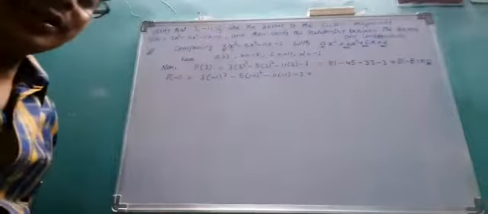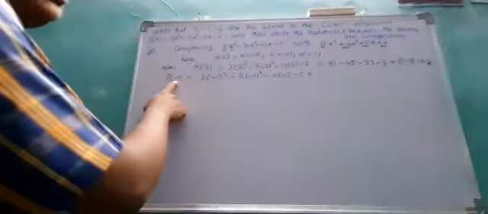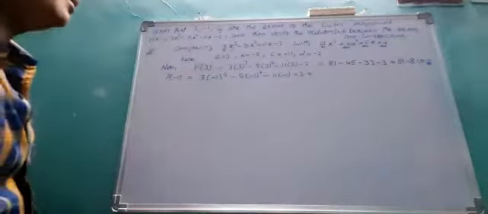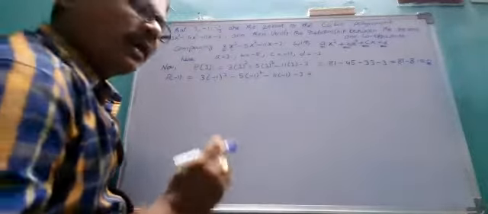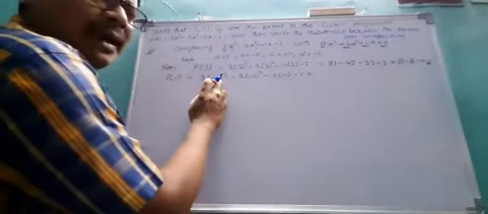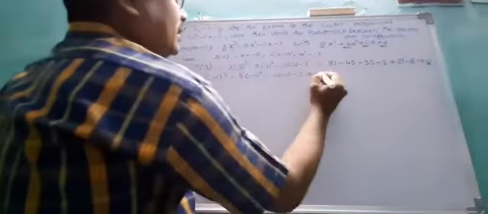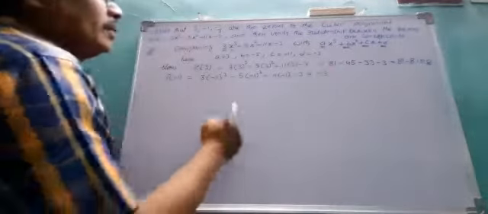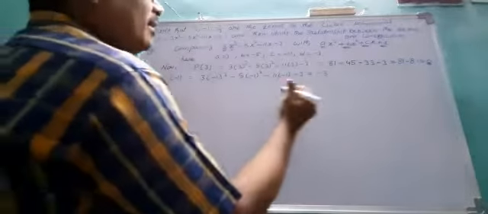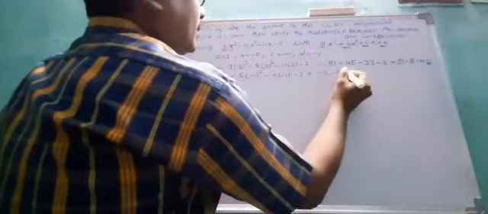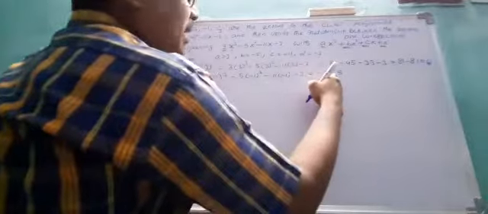If you get 0 as the answer, that value, minus 1, becomes a zero of the polynomial. Okay, verify it. Minus 1 whole cube, that means minus 1 into minus 1 into minus 1, that is minus 1. Minus 1 into 3, minus 3. Next, minus 1 whole square, that means 1. 1 five are 5. Okay, so you write that negative sign as usual.